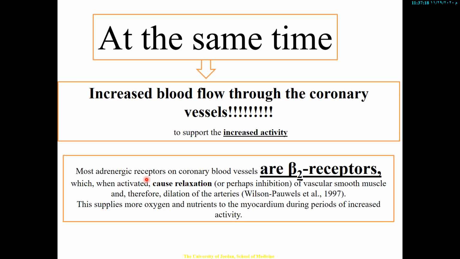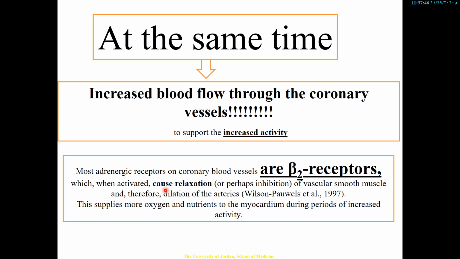Most adrenergic receptors on the coronary blood vessels are beta 2 receptors, which when activated by norepinephrine, cause relaxation or perhaps inhibition of vascular smooth muscle, and therefore dilatation of arteries. This supplies more oxygen and nutrients to the myocardium during periods of increased activity.